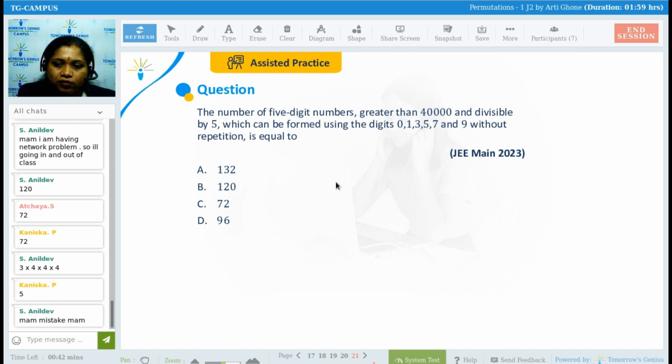Try this one. The number of 5-digit numbers greater than 40,000 and divisible by 5, which can be formed using the digits 0, 1, 3, 5, 7 and 9.